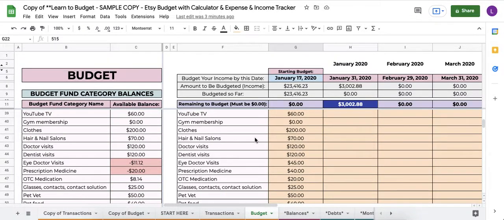How about prescription medicines? So when I started using this budget, I decided to assign $40 towards prescription medicines, and then at some point between January 17th and January 31st, I spent, it looks like, $60, because 40 minus 60 equals negative 20.